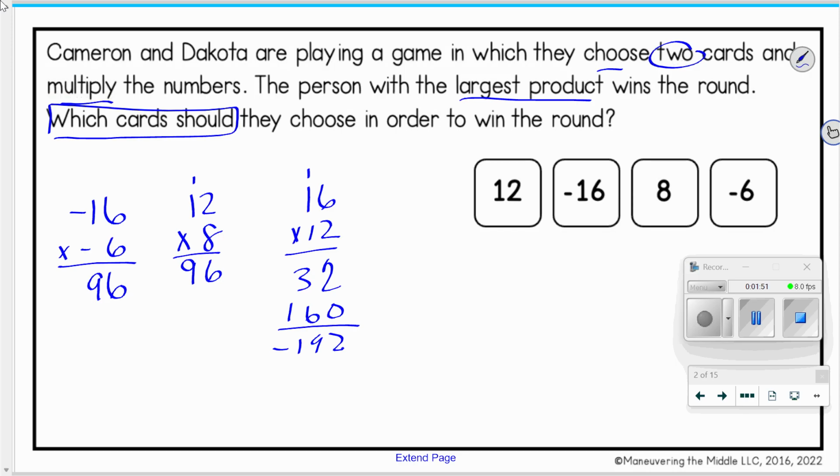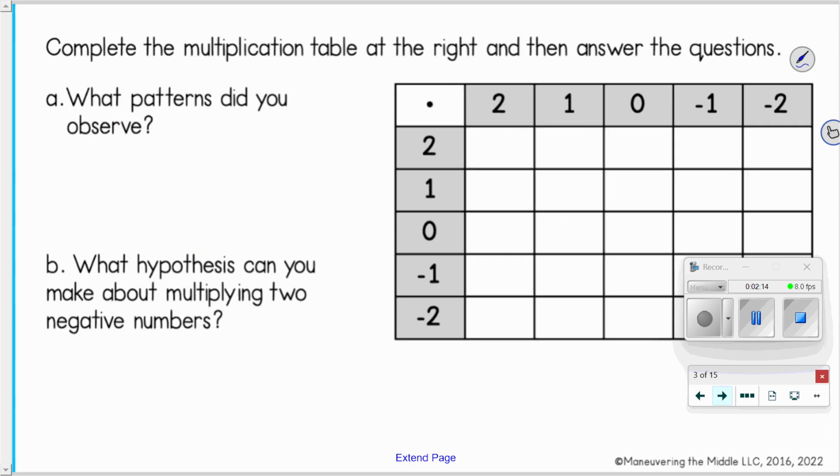What do you mean if you flip it? 12 times negative 6. It doesn't matter which order I do it in. I don't know, negatives are weird. Negatives are weird. They have their own set of rules. That was kind of the whole purpose of this. But they could choose either of those sets of cards and still get a 96, which is the highest number you can get in that case.